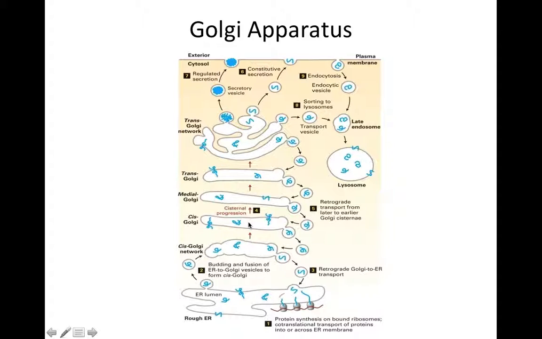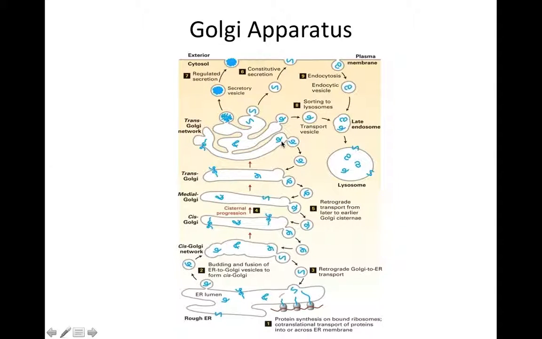Basically, the protein goes through different foldings, and things like sugars are added at various stages throughout the Golgi. But each time the protein goes through some type of processing and goes into the next part of the Golgi apparatus, it always gets carried and packaged into these vesicles.